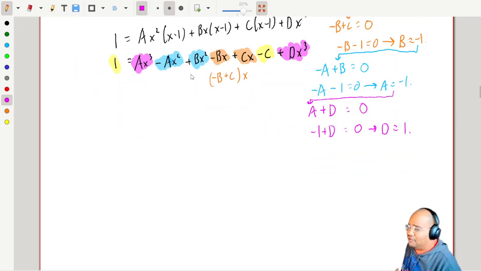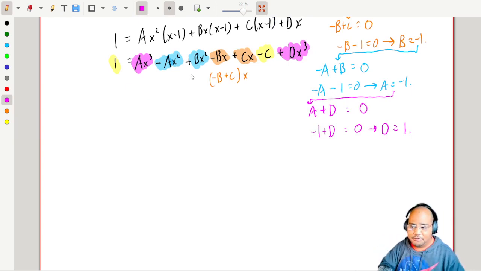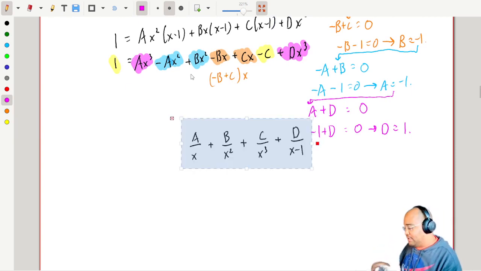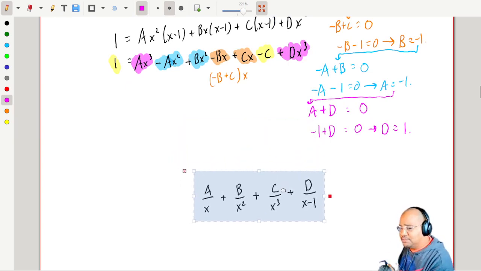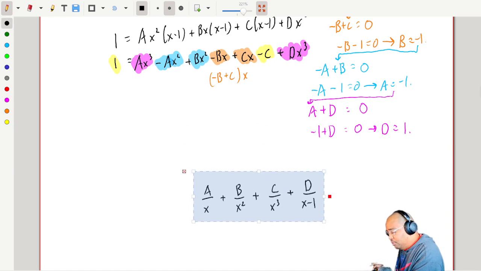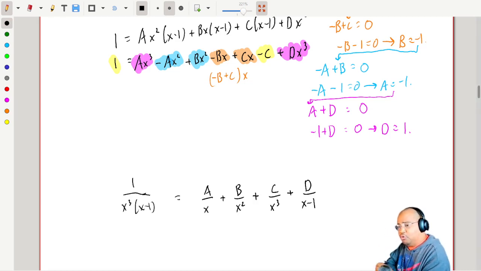And now, what do we have for our partial fraction decomposition? Well, let's go ahead and put that back here. So, here is our general recipe. And remember, we wanted this to equal 1 over x cubed times x minus 1. Okay, now let's go ahead and plug in everything.